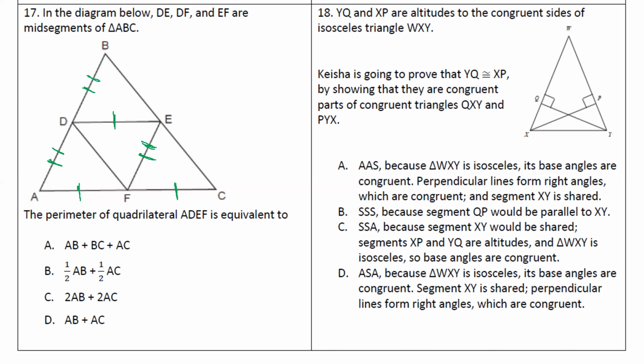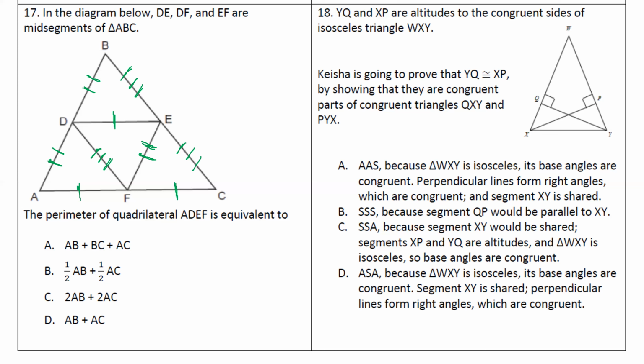And then the same thing goes for our other one. So DF and those two are also going to be congruent. Now, how does this apply to this question?